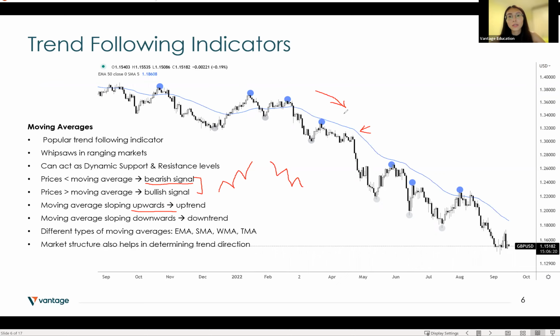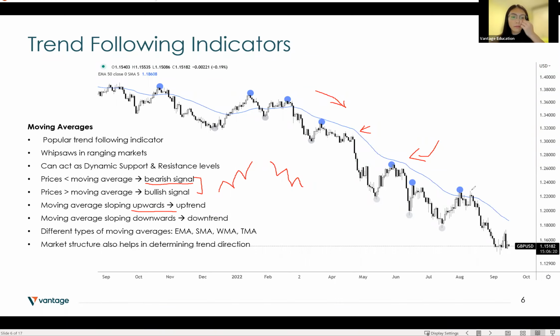So moving averages tend to do better when prices are in a trending market, whereas in a ranging market, you can see that there will be many whipsaws. The example we see on the chart is specifically in a trending market, which is why this moving average acts as a dynamic resistance here.